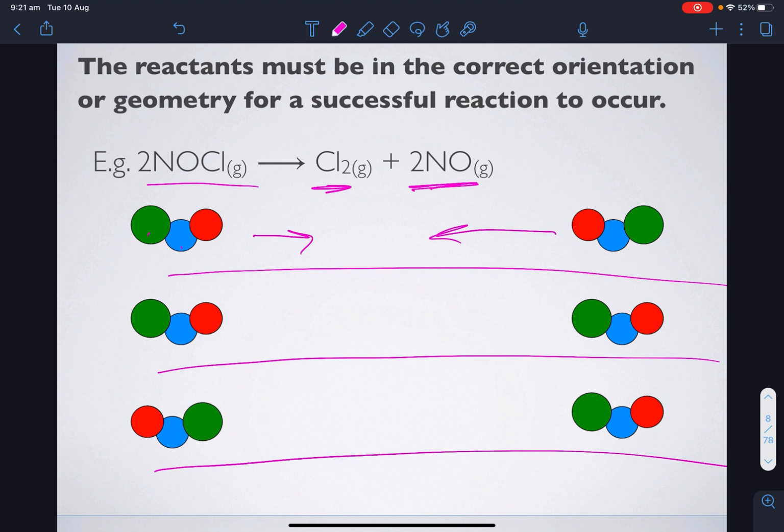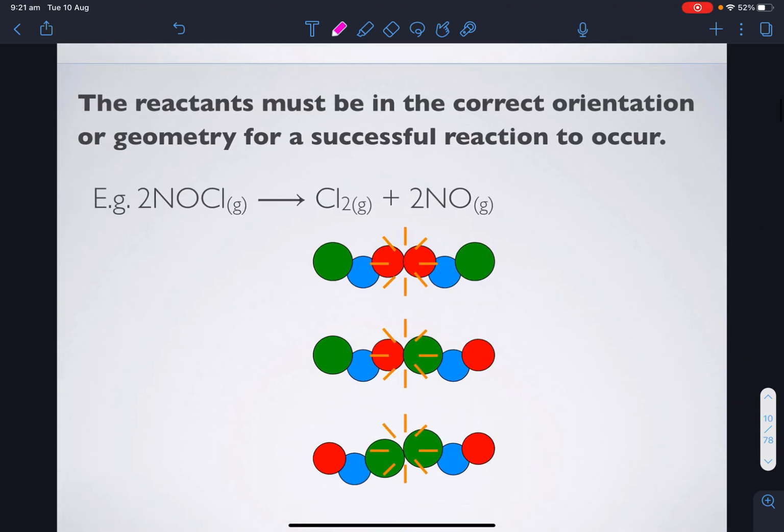That old convention. Okay, so we've got the oxygen to oxygen coming together here, O to O. Here we've got the O coming towards the Cl. And here we've got the Cl of the molecule coming towards the Cl. So different orientations, okay? Let's see what happens. They're getting closer, getting closer.